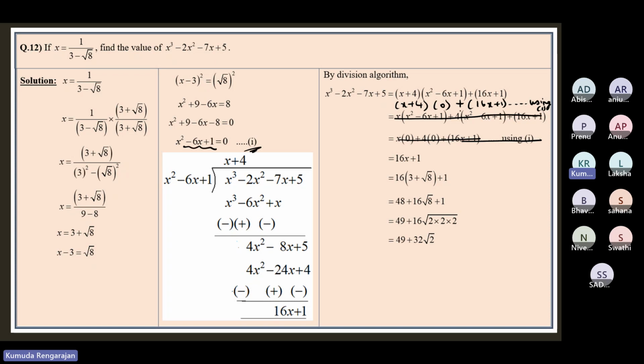We have called it 1. So using 1, we have substituted 0 here. So x plus 4 into 0 is 0, plus 16x plus 1. So you're left with only 16x plus 1. Then take the value of x. So when you're writing, you write it like this. Now we'll do the long division, children.